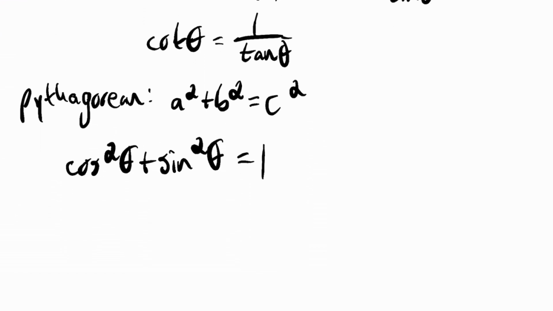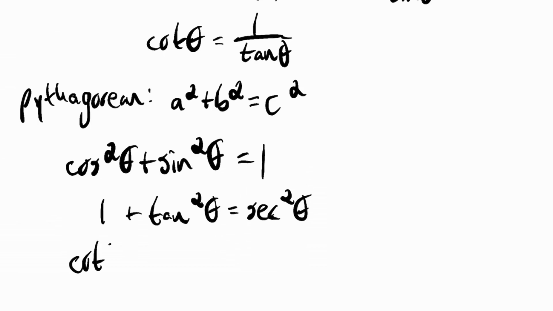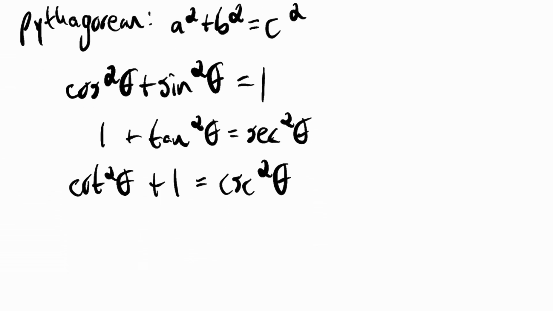You can manipulate this equation: divide by cosine squared on both sides or divide by sine squared on both sides. I'll skip those details, but you can develop the other two from this one. So 1 plus tangent squared theta equals secant squared theta, and cotangent squared theta plus 1 equals cosecant squared theta. Those are the three Pythagorean identities.